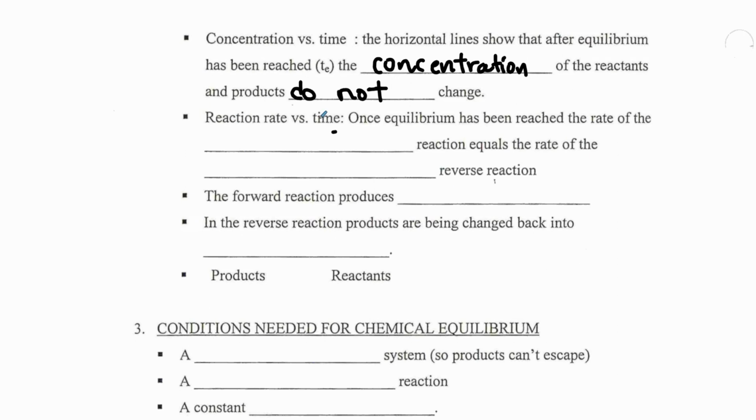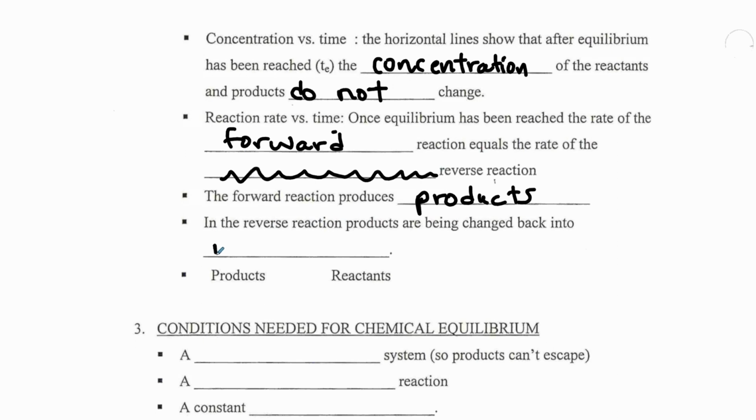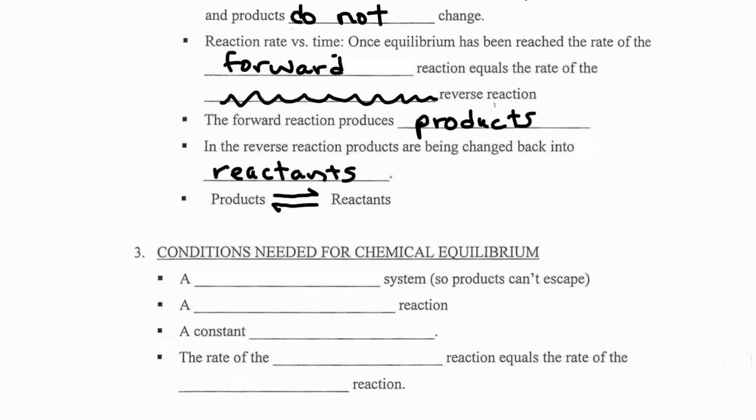And the reaction rate versus time, the second graph, once equilibrium has been reached, the rate of the forward reaction equals the rate of the reverse reaction. So the forward reaction produces products, and in the reverse reaction, products are being changed back into reactants. So you have this situation occurring. Both things are happening simultaneously at an equal rate.